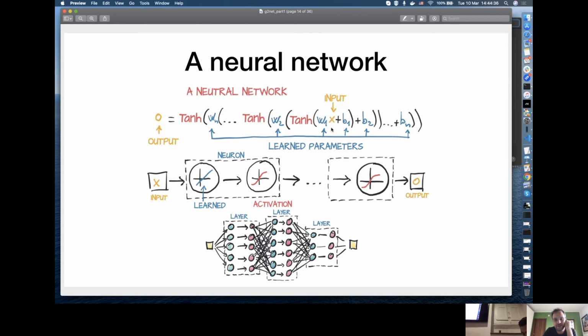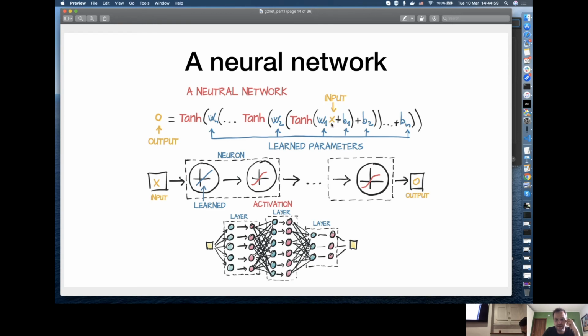You have a neuron whose output gets as the input of another neuron, and so on. In this case, to make a parallel between the bottom figure with the graphics of the layers and the top expression, you have to consider that W1, B1, and X will be vectors.